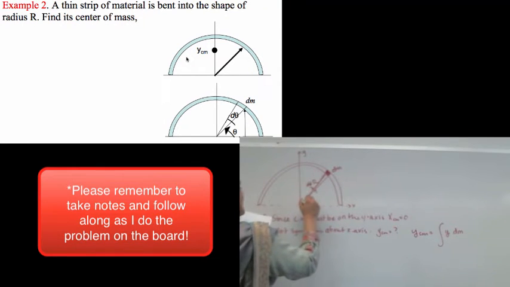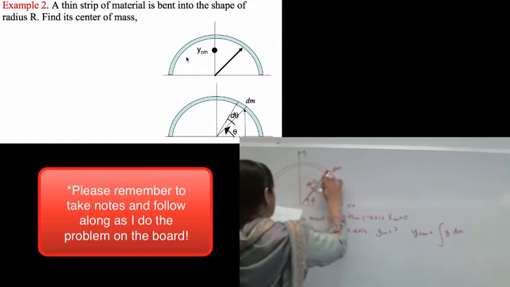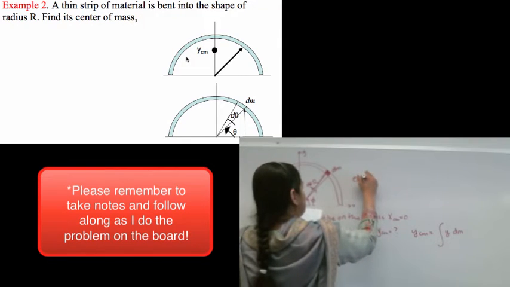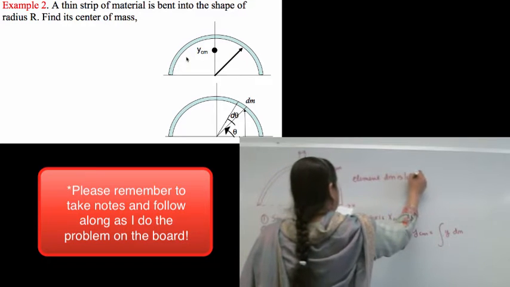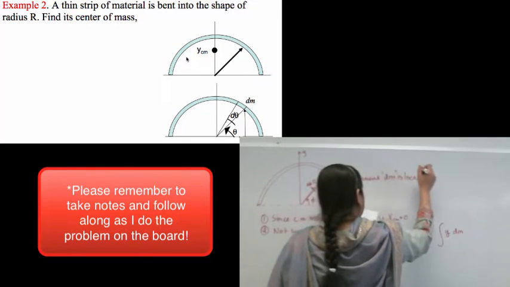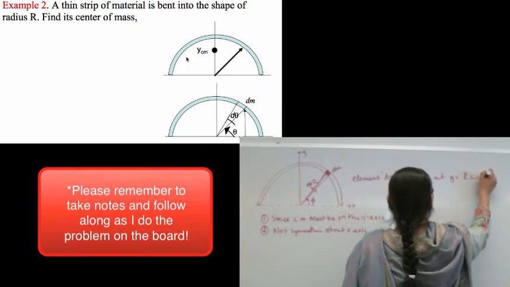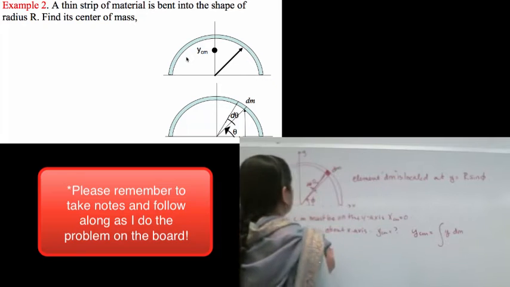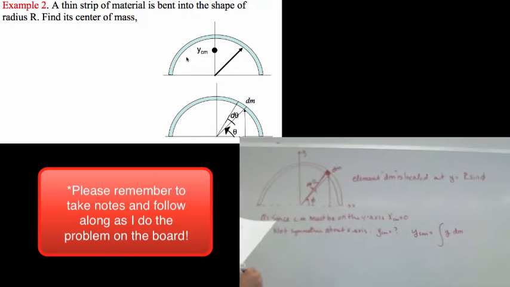I'm going to say that this angle right here is phi, and this is the small element of d phi. So this element dm is located at y equals r sine phi. You guys can do a little bit of algebra and trig, and you can see that that is indeed true.